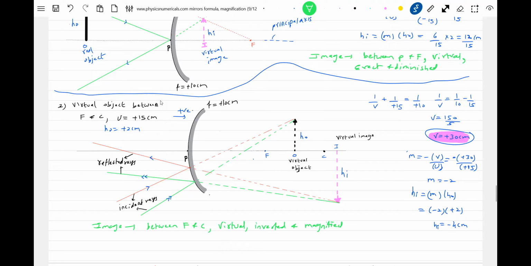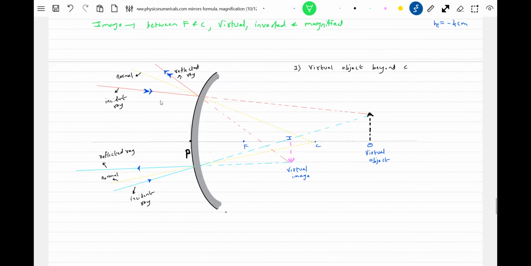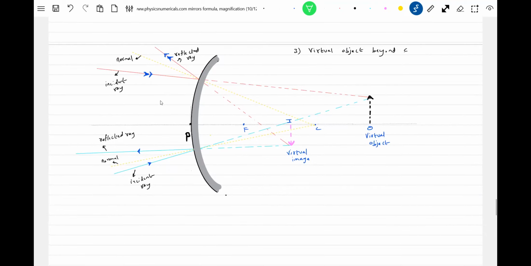Okay, so similarly, we'll take this one. Third one, virtual object beyond C. Focal length of the mirror plus 10 centimeter. Object distance, let it be plus 30. We'll see what conditions will arise here.